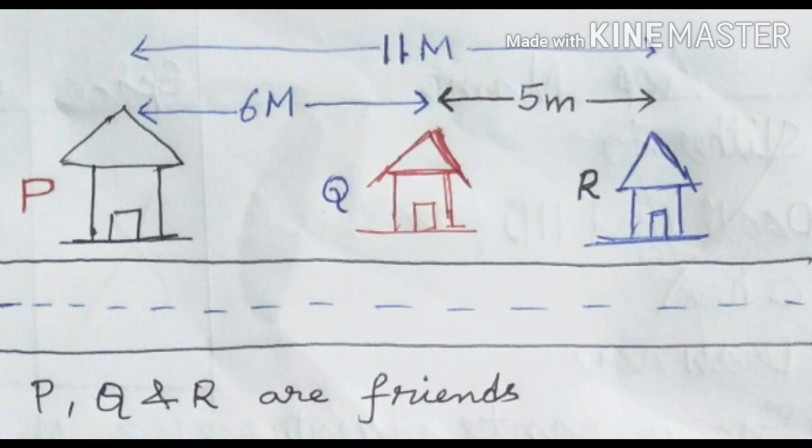So if you want to say that an object is at rest, you always should refer that particular object like P with respect to another object like Q or R. So Q or R is our reference point here, because with respect to Q, P is always at the same position. Okay? Understood?